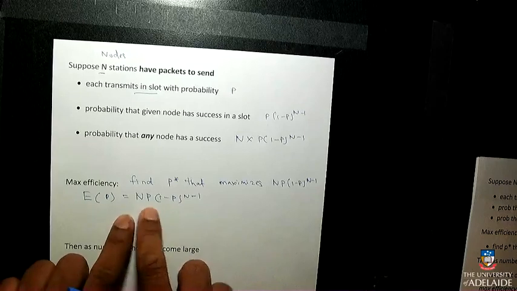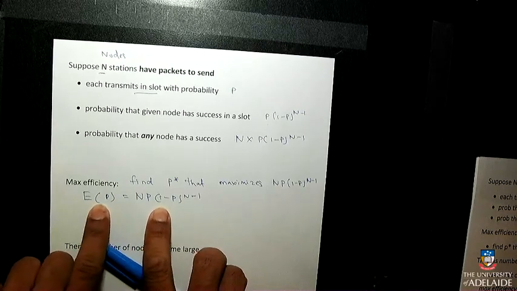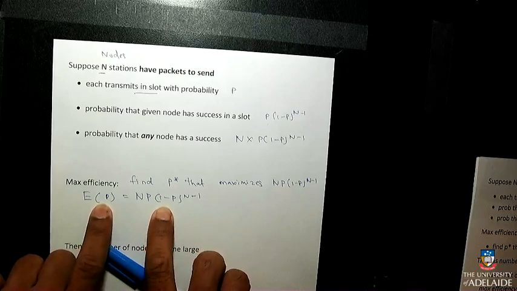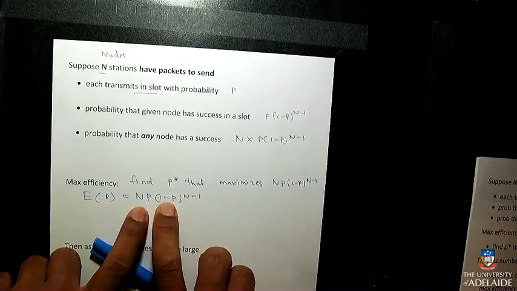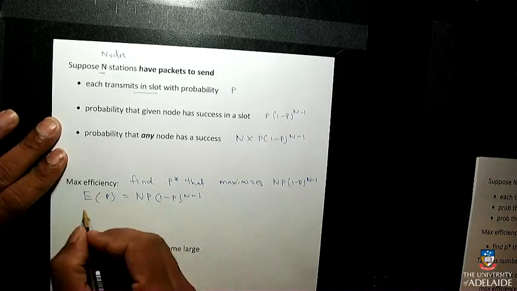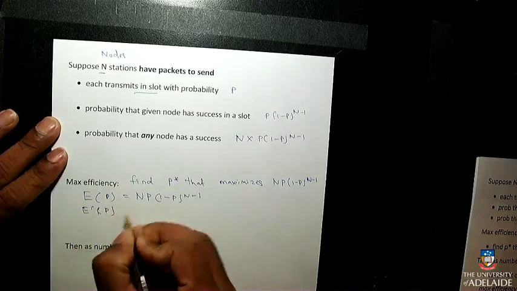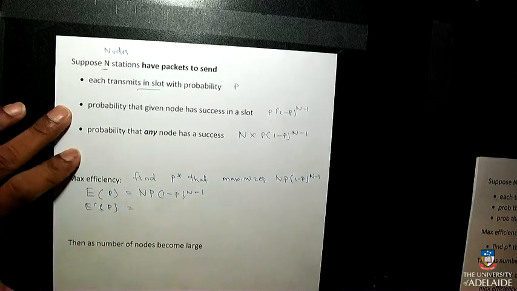So if this is my formula for efficiency as a function of p, then if I want to find where this takes the maximum value, I differentiate this and find where the derivative equals 0. It's a little bit tricky. So this is a product, right?